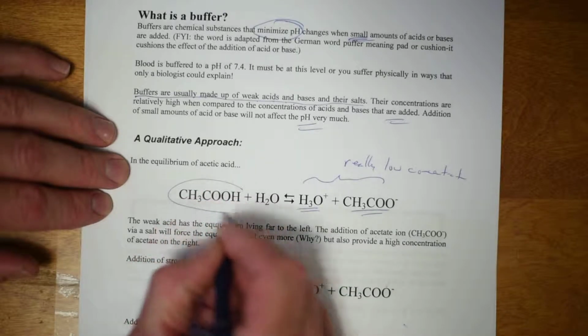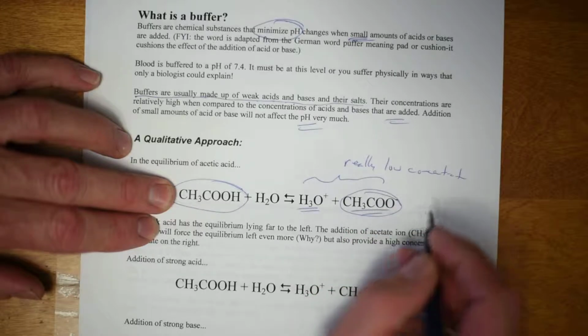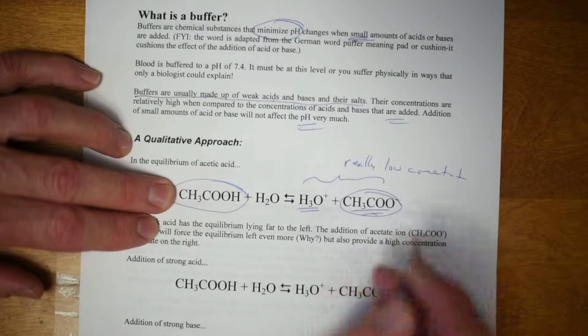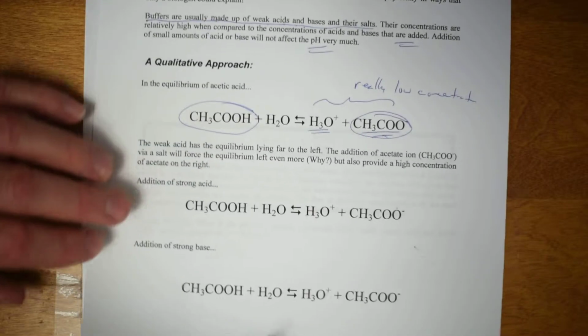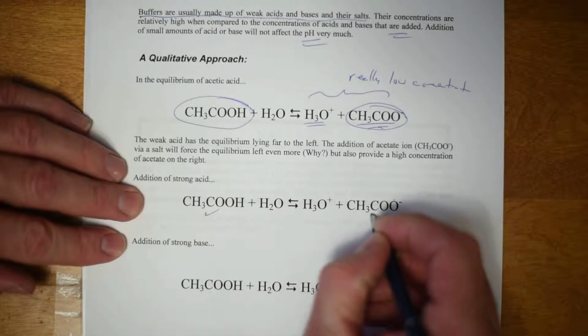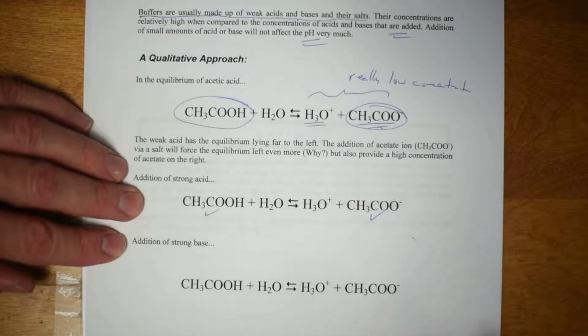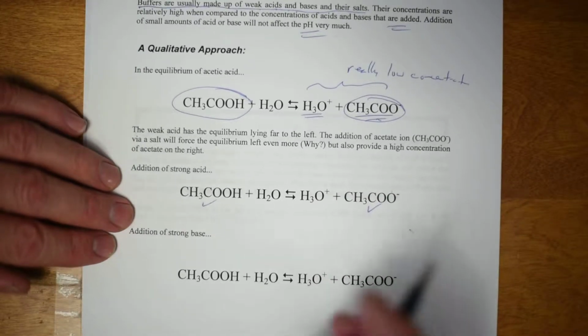But everything changes if I have a concentration of acid here and I add an acetate salt such that I have something here. Let's just take a look at that. If I have acetic acid, so I've added some of this, and I've added an acetate salt, sodium acetate for instance, which we learned in the previous lesson will hydrolyze.